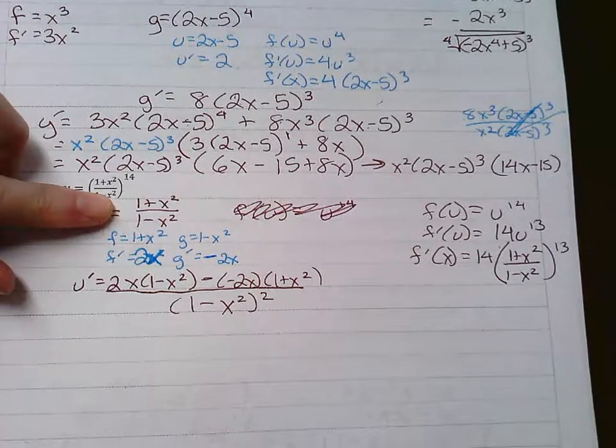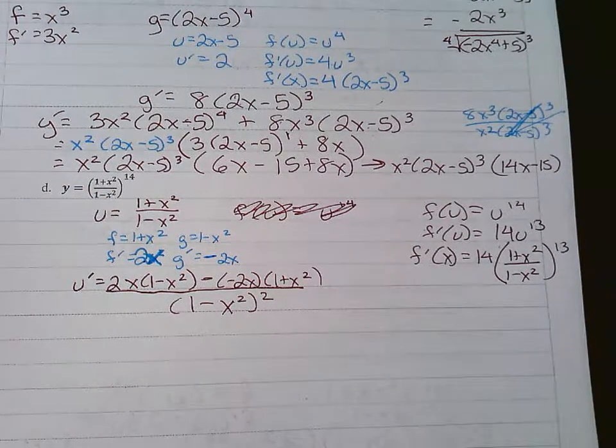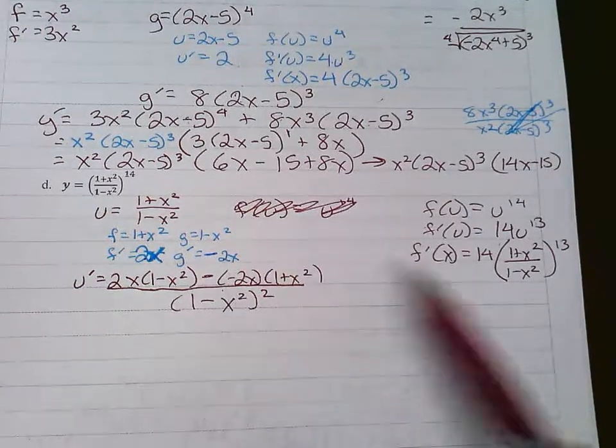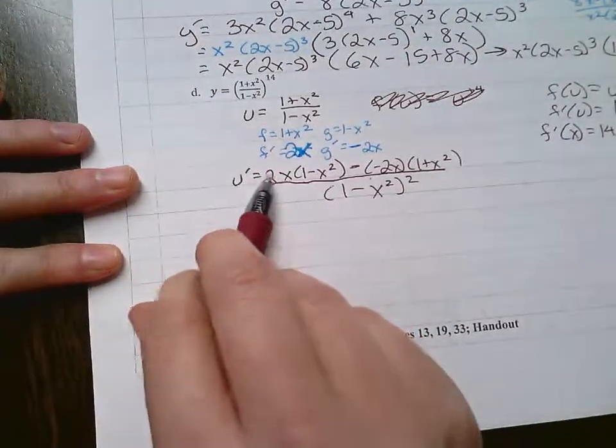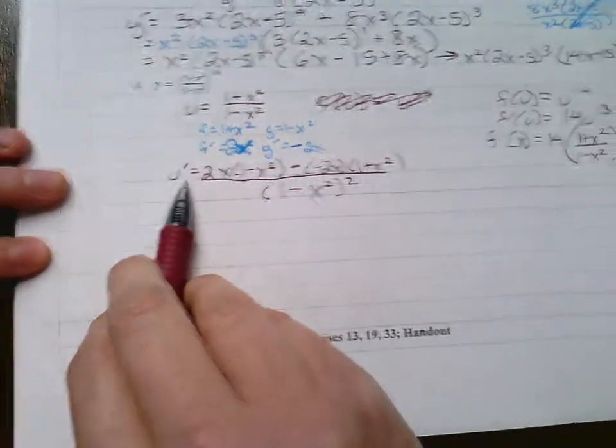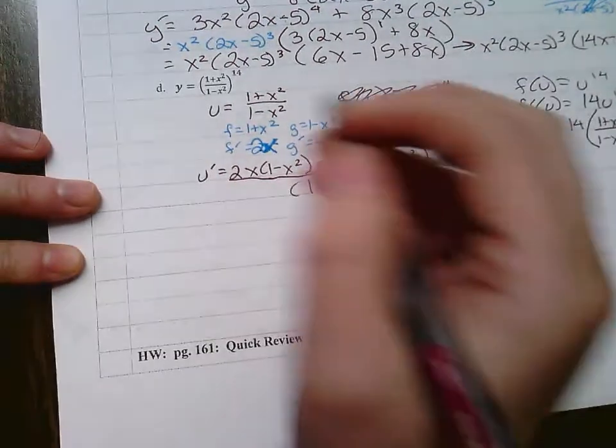Okay. So, now we get to find the derivative of y. Derivative of y is going to be u prime times f prime of x. Now let's simplify this a little bit further before we do that. It may help with things.